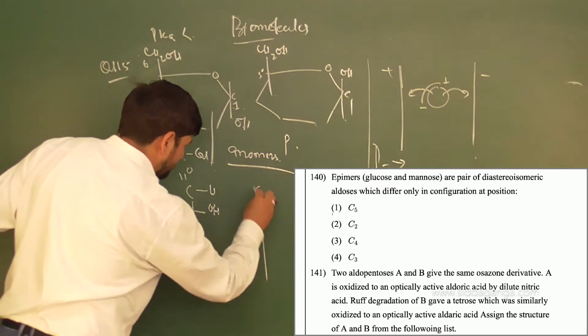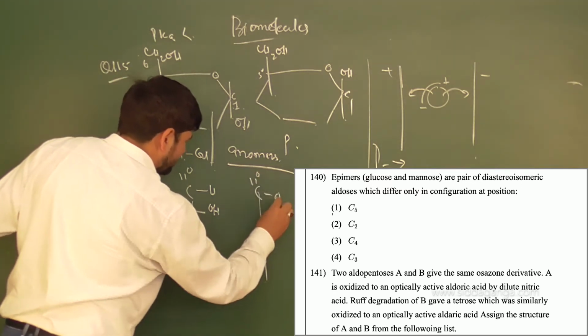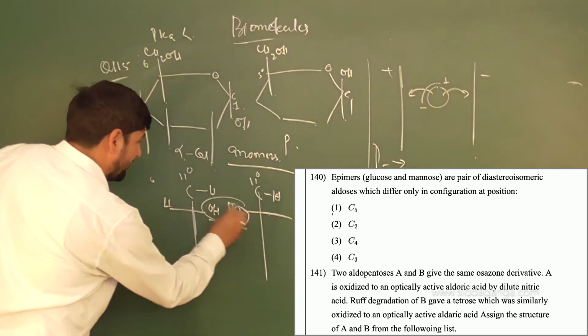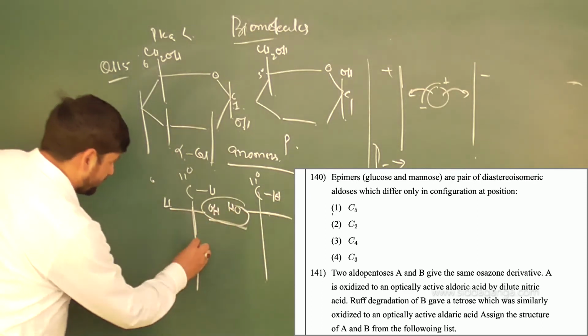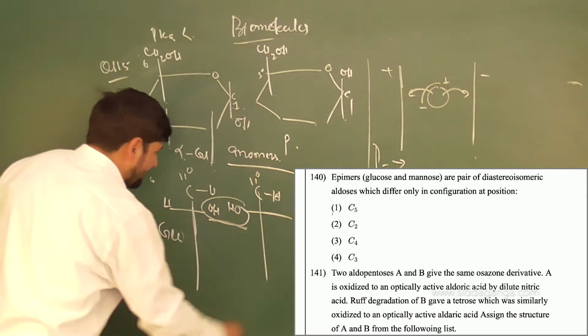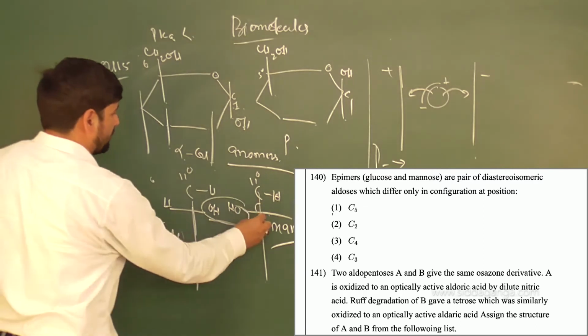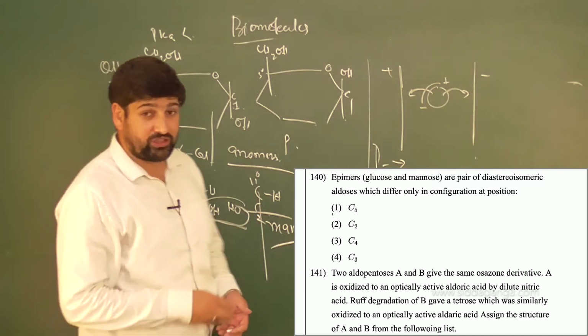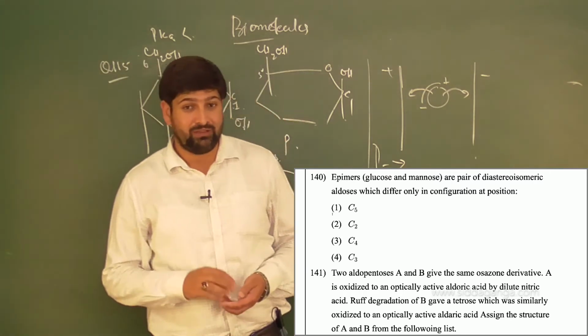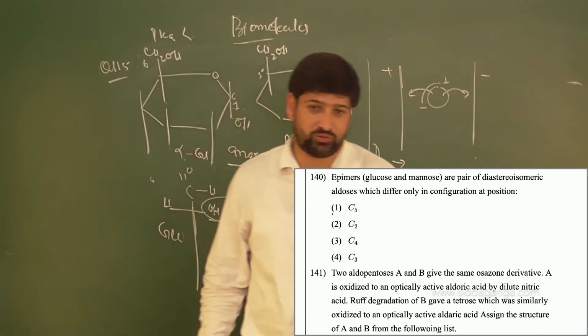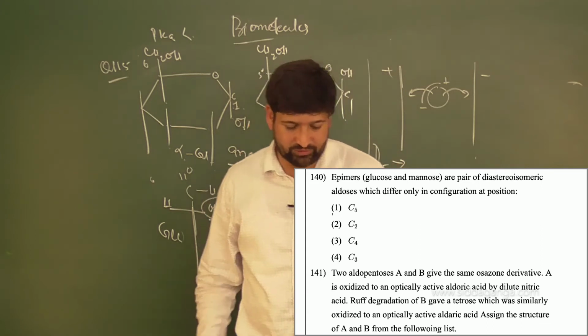When you look at mannose, it is also aldehydic, C double bond OH, but here OH is on the left side. So they differ in the relative position of OH. This is glucose and this one is mannose, so they differ in the relative position of carbon 2. Are they anomers or epimers? They are epimers, which differ in the relative position of OH along carbon number 2. So the correct option is option 2 only. Next question, children.